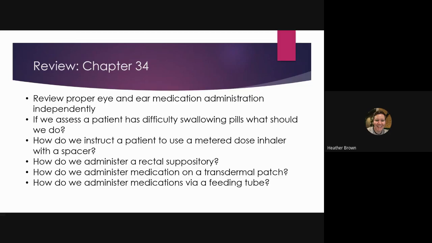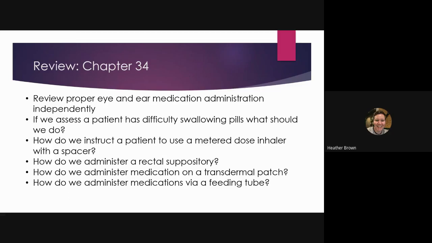They should avoid areas with a lot of hair, so you should go to a hairless area. And what do we write on the patch? Date. What else? Time. Ooh, and initials. Okay, between all of you, we've got it. We write on there date, time, and initials.